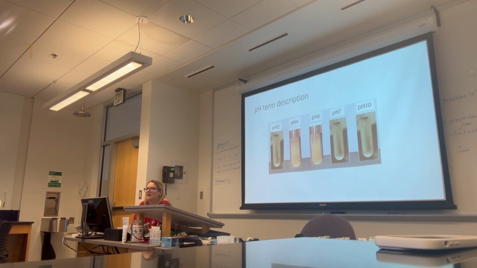Acid starts from pH 4, right? 0 to 7, 7 to 14. As you move away from neutral, from 7 toward 14 is alkaline, toward 0 is acid. So pH 6 is technically slightly acidic.